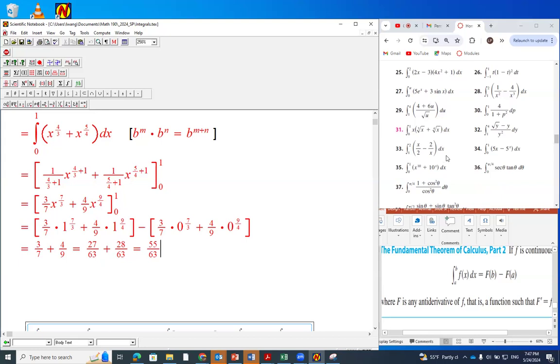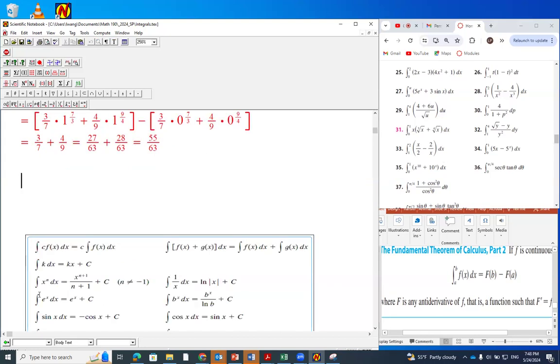Okay, so that's 31. Let's do 33 because it has something to do with the logarithm. This question itself is not that difficult.